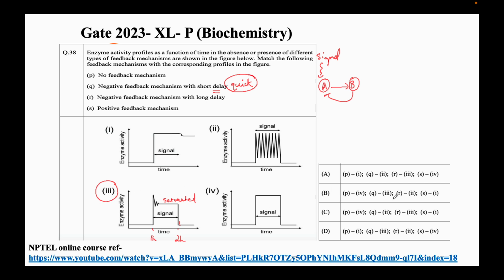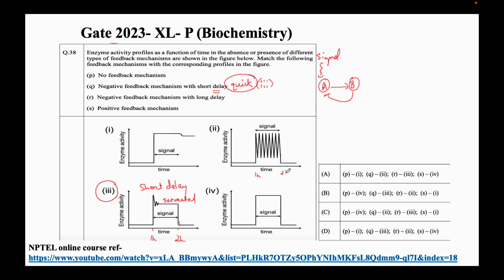So Q is the third enzyme activity profile. This is the profile in short delay. Okay, whereas what happens in long delay is we have a signal.